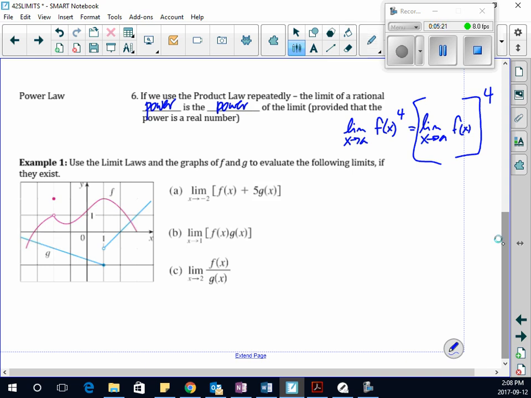So the first property says that the limit of these two added up can be separated. So I can say the limit as x goes to -2 of f of x, plus, now this is a constant times a function, and that property said I can take the 5 out and put it in front, so 5 times the limit as x goes to -2 of g of x.